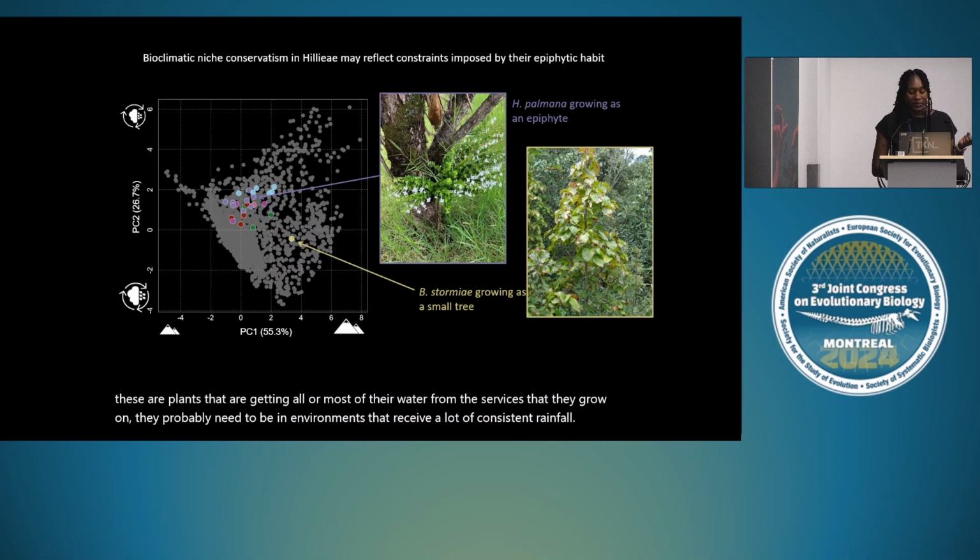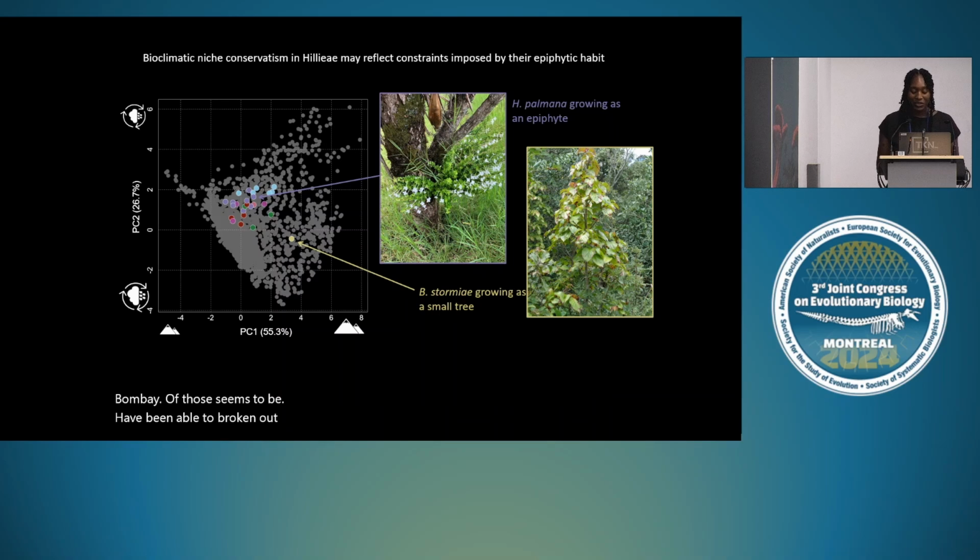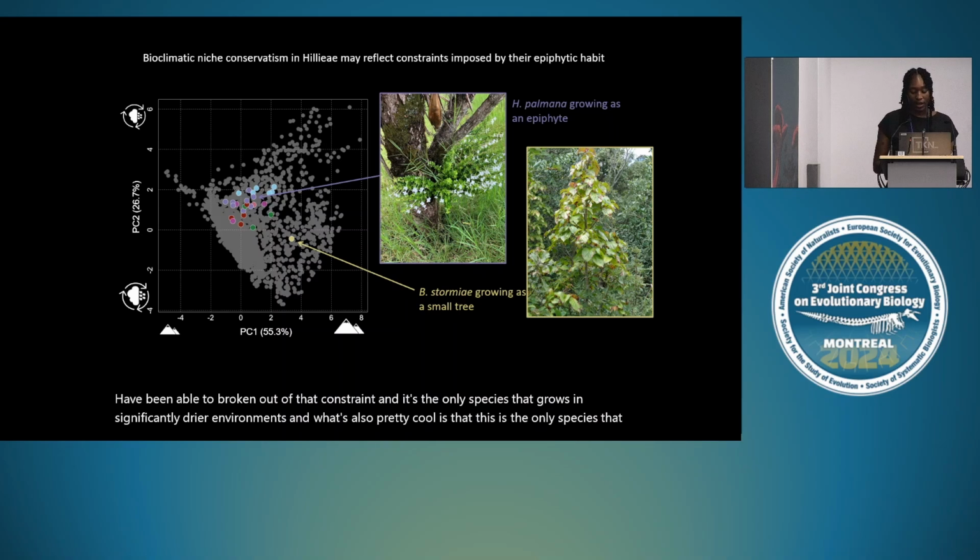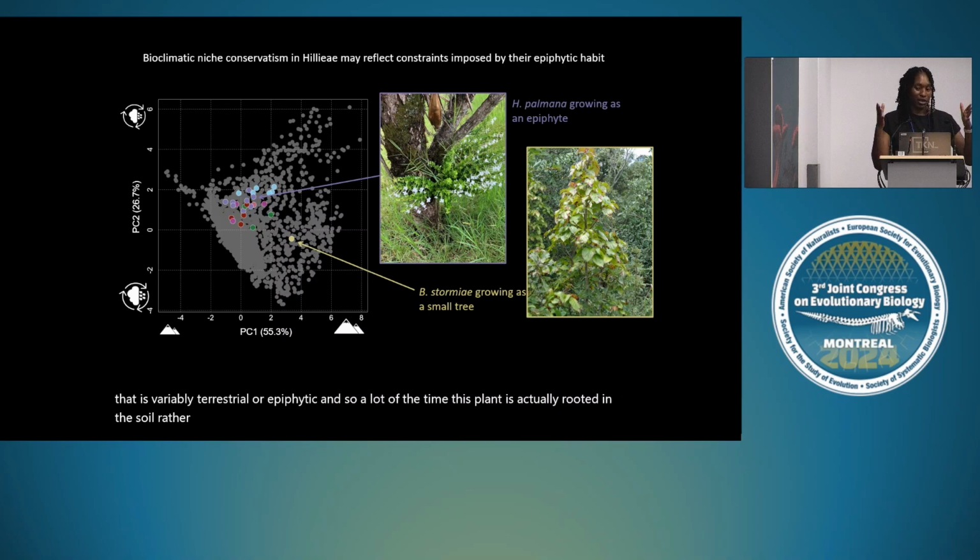Balmaea, though, seems to have been able to break out of that constraint, and it's the only species that grows in significantly drier environments. What's also pretty cool is that this is the only species that is variably terrestrial or epiphytic. A lot of the time, this plant is actually rooted in the soil rather than growing on top of a tree, and that probably minimizes the water stress that the species is experiencing in those more seasonal and drier habitats.